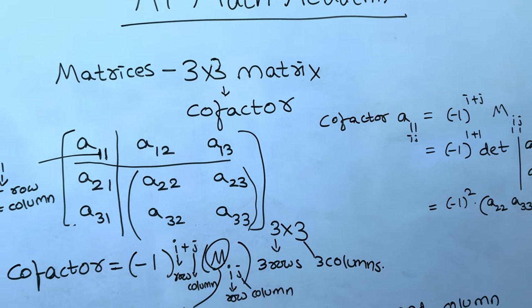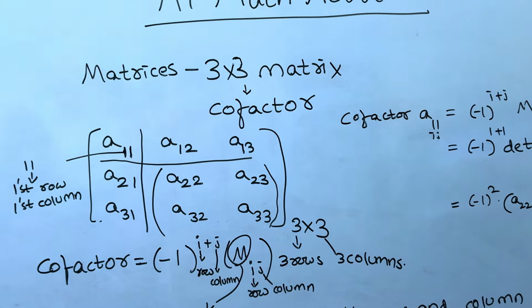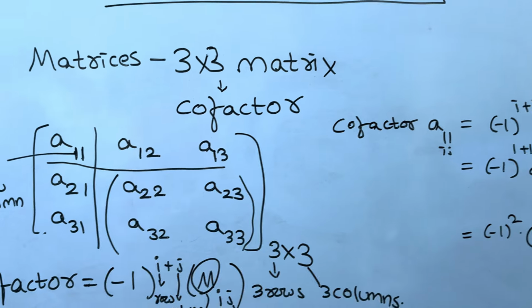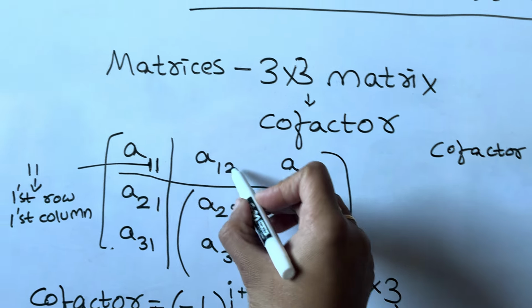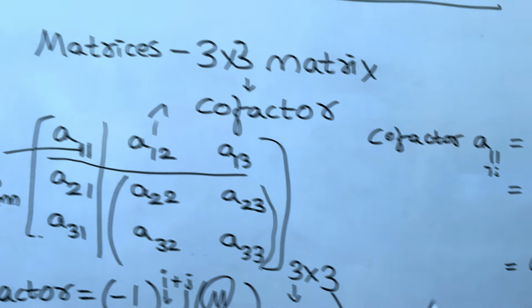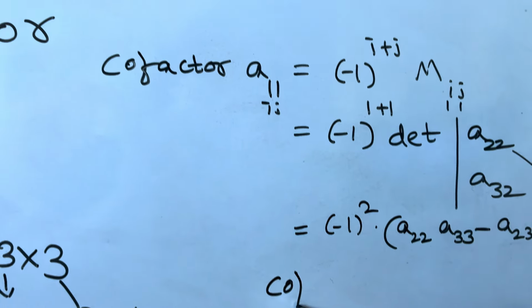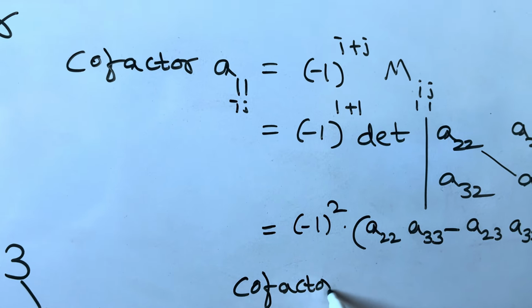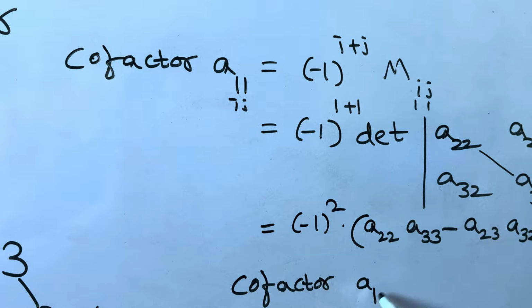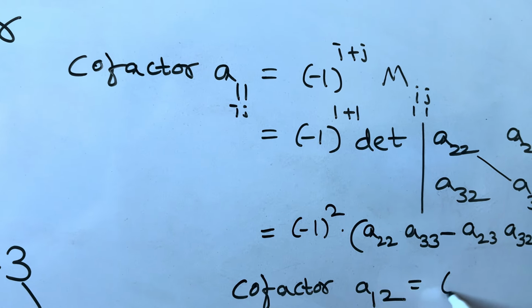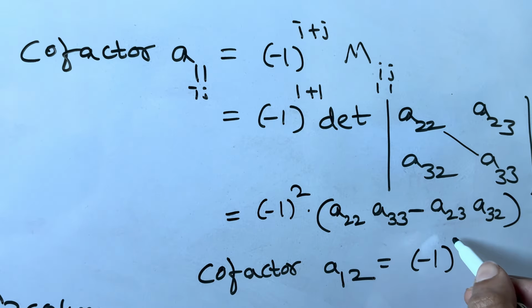Similarly we can find the cofactor for all the other elements. Let me show it for the second element. Cofactor of A, first row second element, which is -1 to the power i plus j.